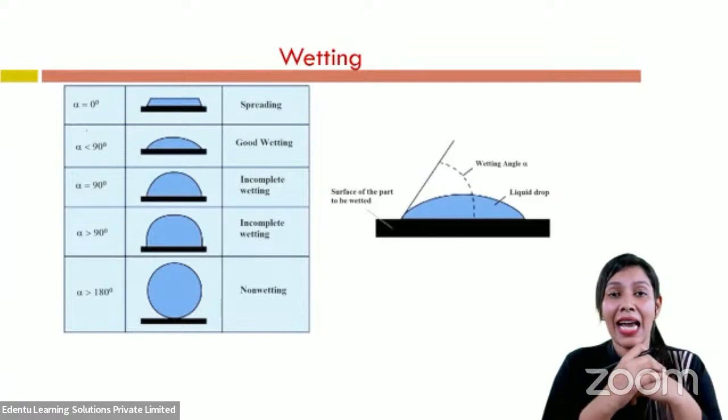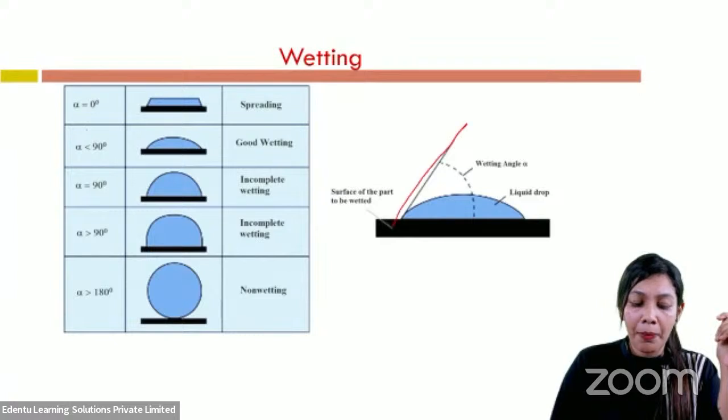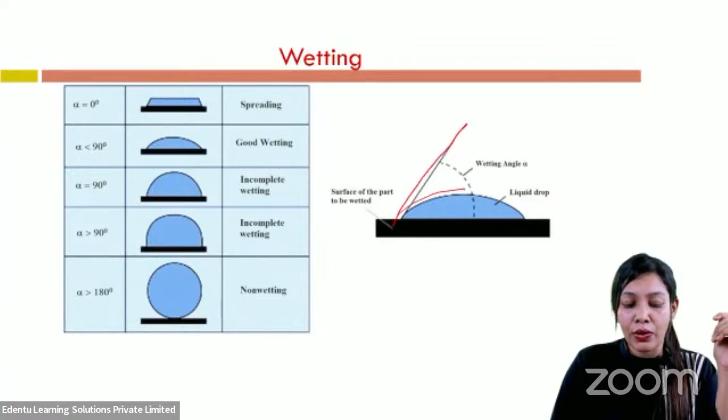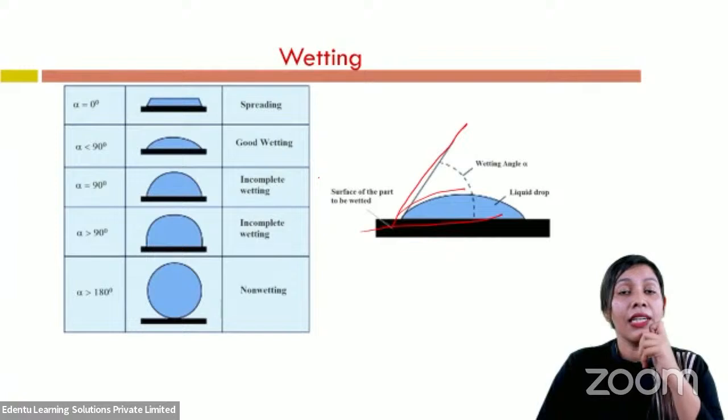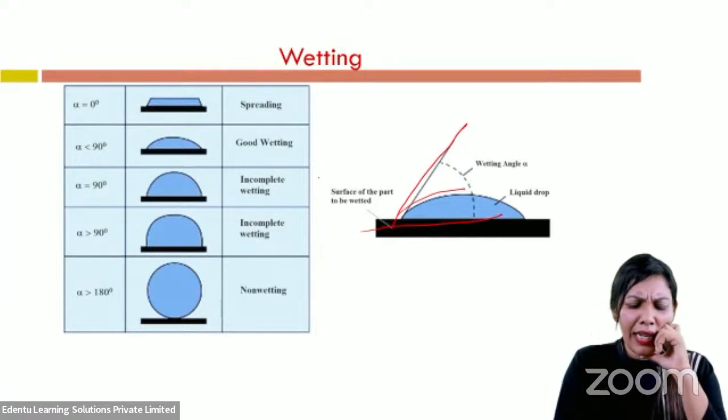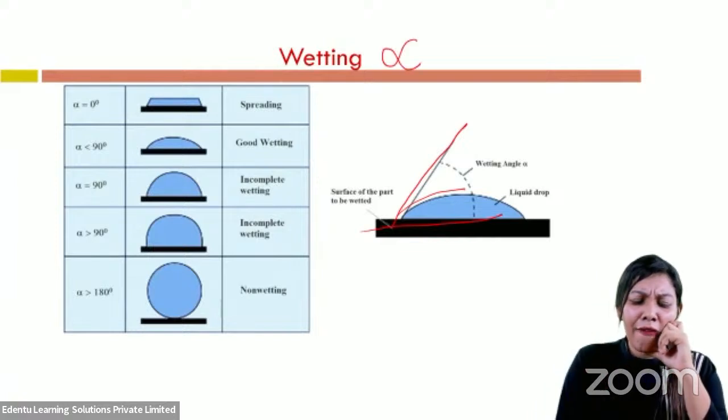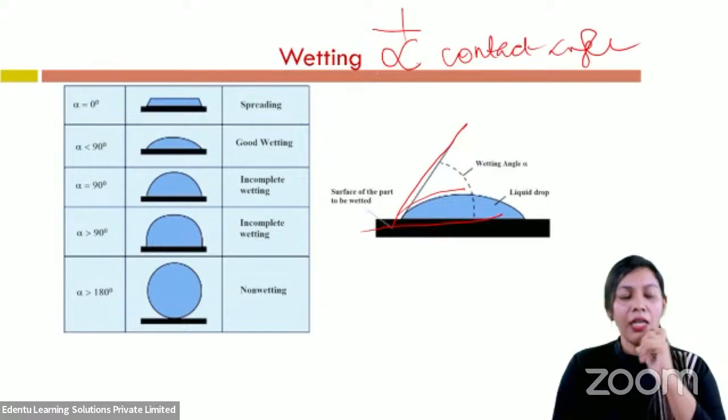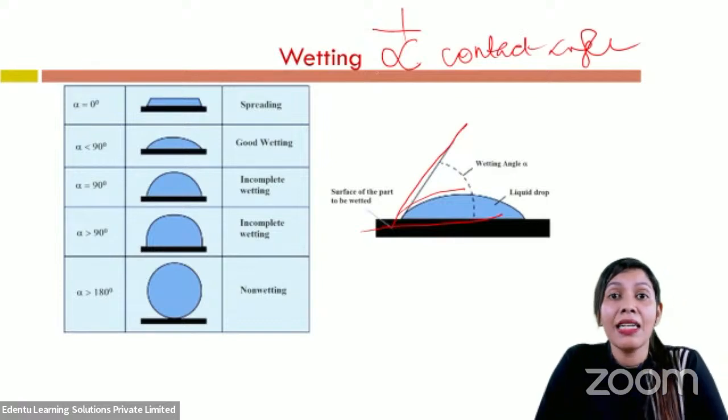What is contact angle? The angle that is formed by the liquid surface to that of the interface is called as the contact angle. Very important thing that you have to keep in mind is wetting is indirectly proportional to the contact angle. Think the contact angle is 0.